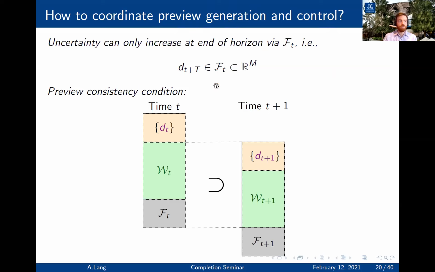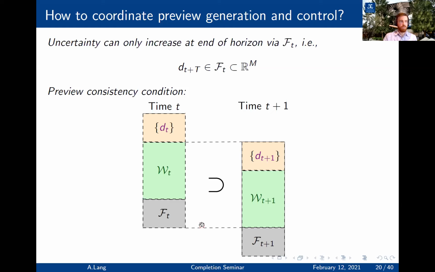And that leads to the preview consistency condition, which states that the only point at which the uncertainty can increase is at the end of the horizon, through this f of t plus 1. Everywhere else in this overlapping region, the uncertainty cannot increase.